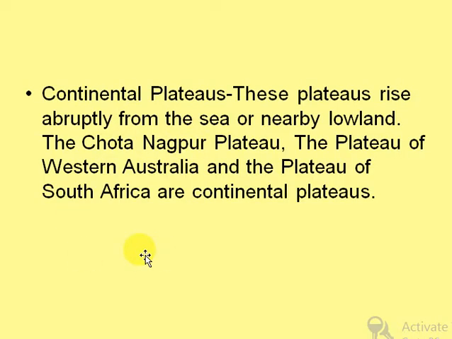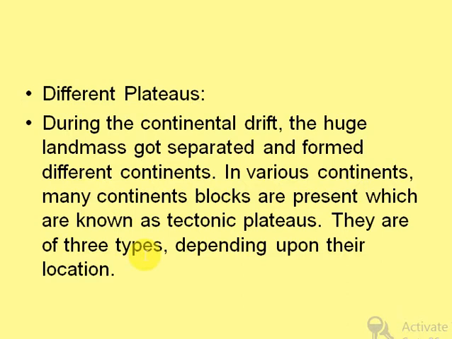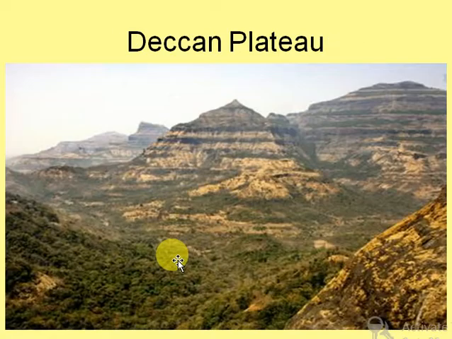So now we'll be discussing the different types of plateaus. During the continental drift, the huge landmass got separated and formed different continents. In various continents, many continental blocks are present, which are known as tectonic plateaus. There are three types depending upon their location.